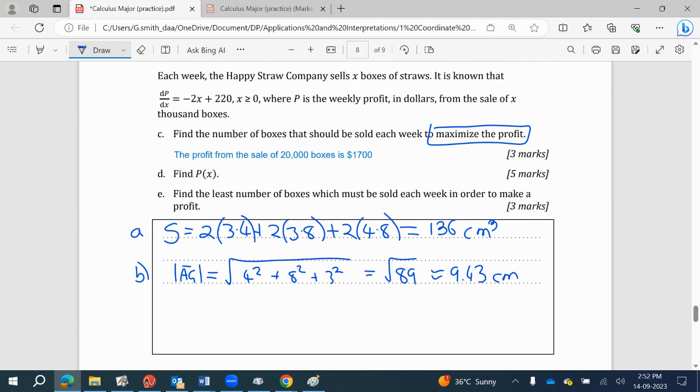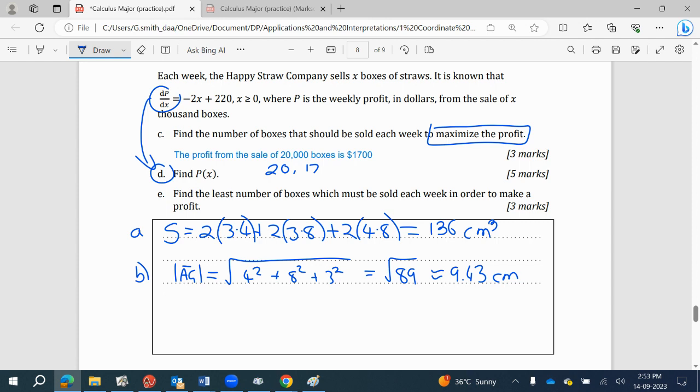In D, we need to find P of x. We have a derivative to get us there, and we have a coordinate here. This coordinate is 20, 17. What is the profit in thousands?